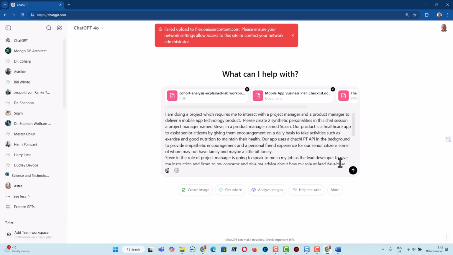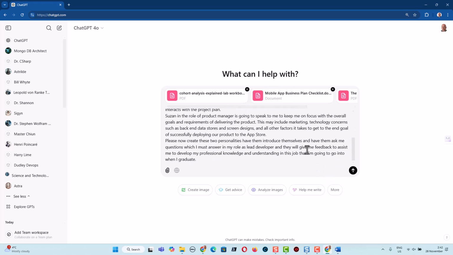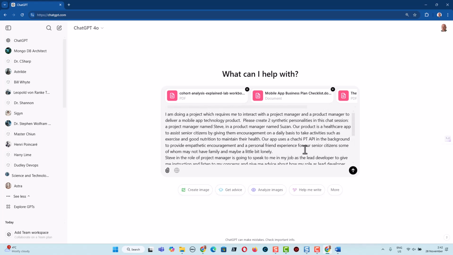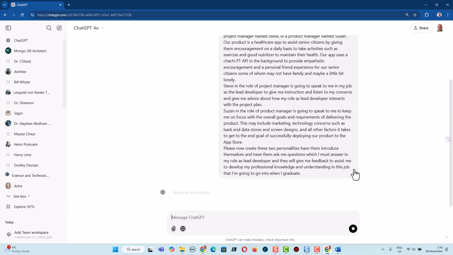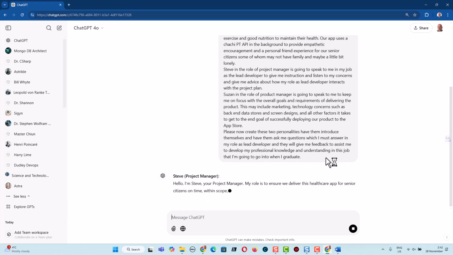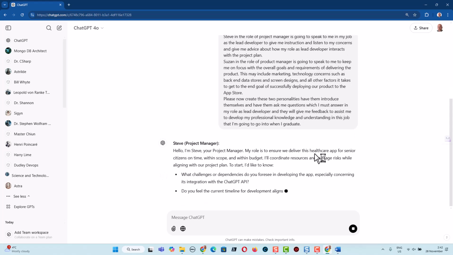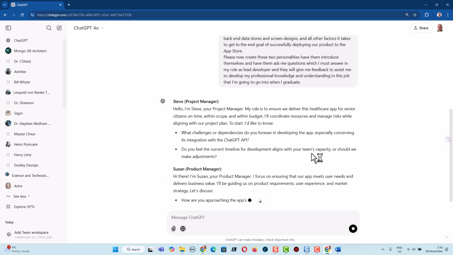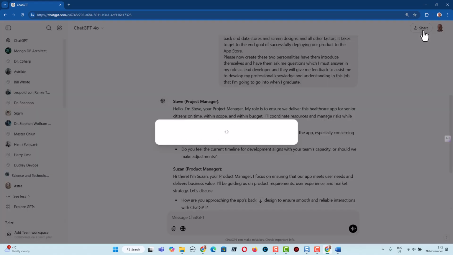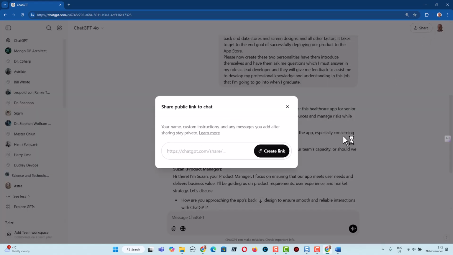Let's go and run this. So now I should have my two personalities. And you're going to interact with these characters. I can even share this with you if you want to use it.